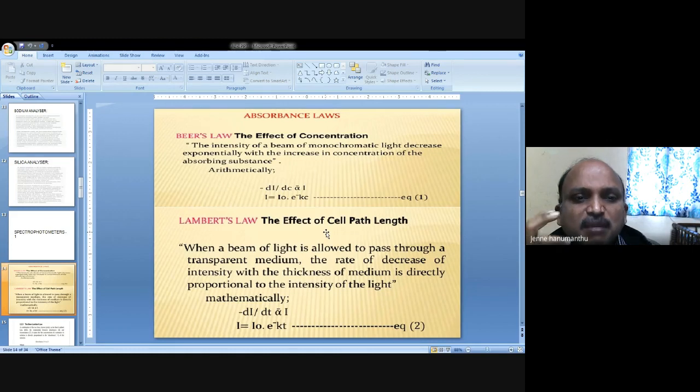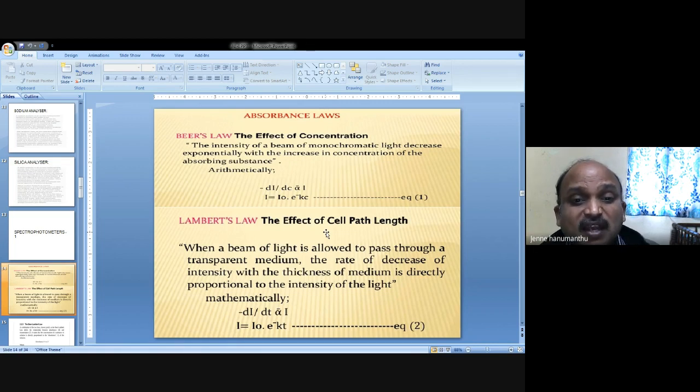So it can be written mathematically as I equals I naught times e power minus kc. What does I refer to? I refers to IT, the transmitted light.